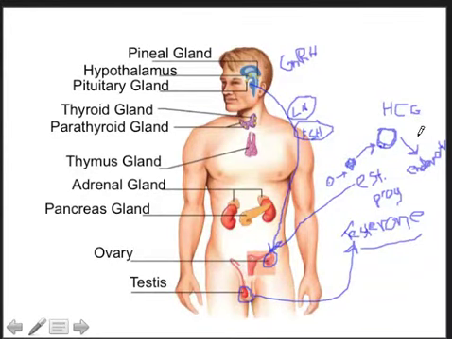And at that point, the placenta and the umbilical cord will actually take over the job of secreting progesterone to maintain the endometrium while the last stage of development completes, the last 1.5 trimesters.